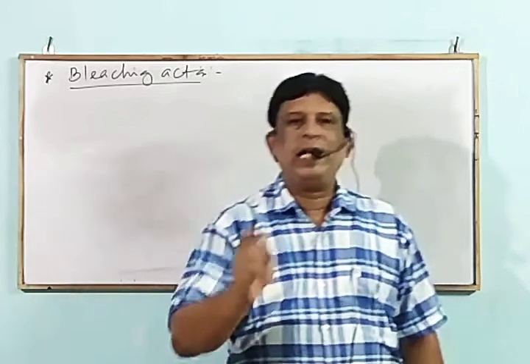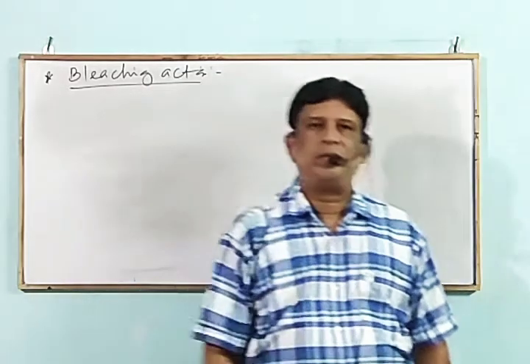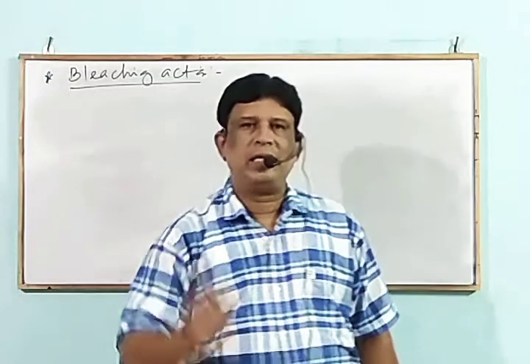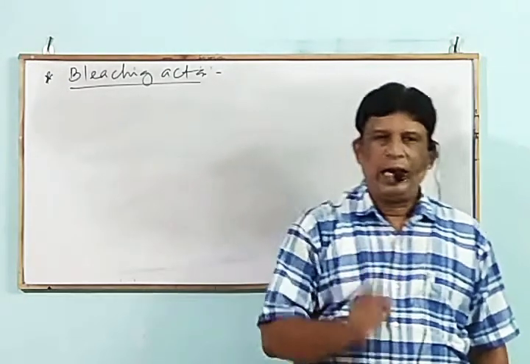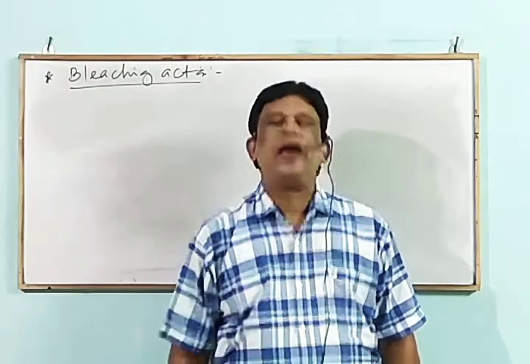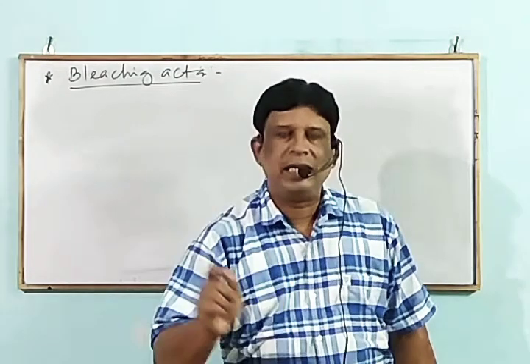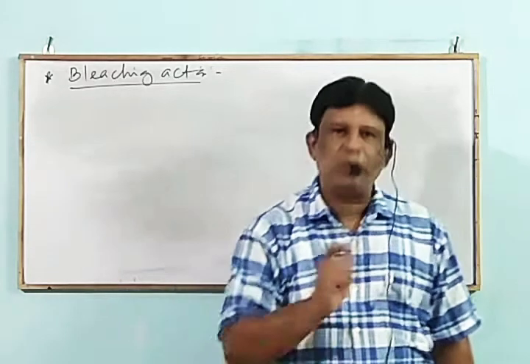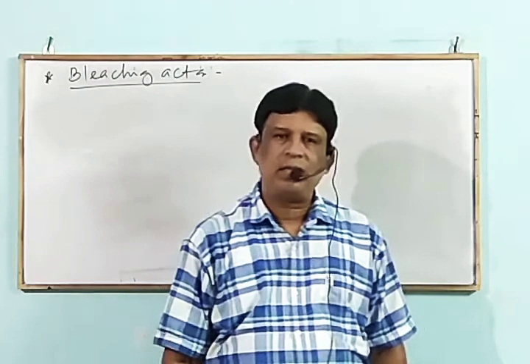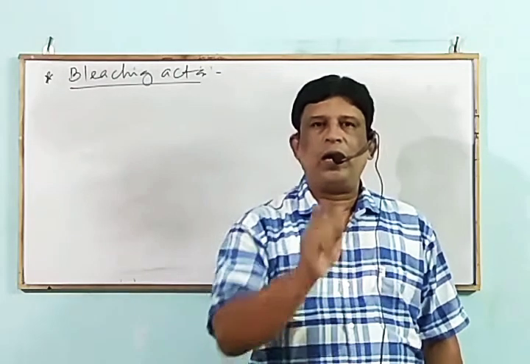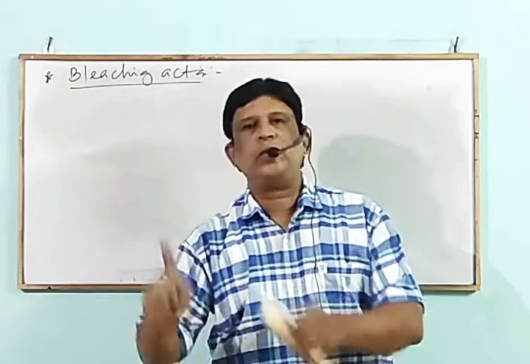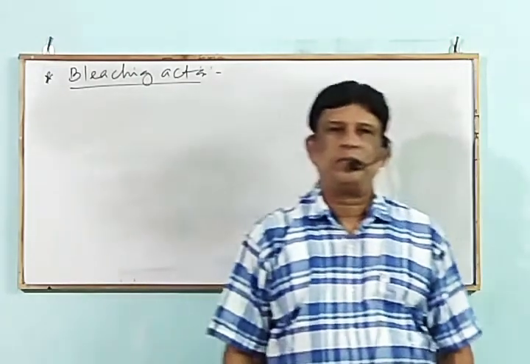Sulfur dioxide in presence of moisture acts as a bleaching agent, and it is due to its reducing nature. That means the vegetable coloring matter bleaches to vegetable colorless matter.